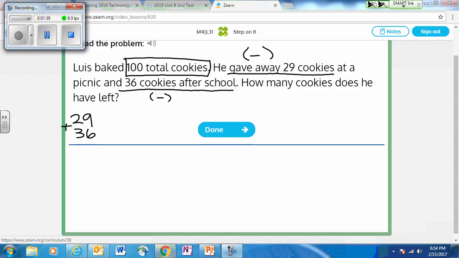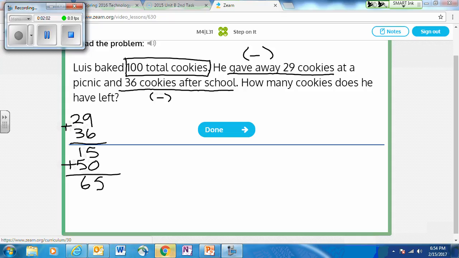So, 9 plus 6 is 15. 20 plus 30 is 50. Now we can add. 5 plus 0 is 5. 1 plus 5 is 6. So, we know that Luis gave away 65 cookies.